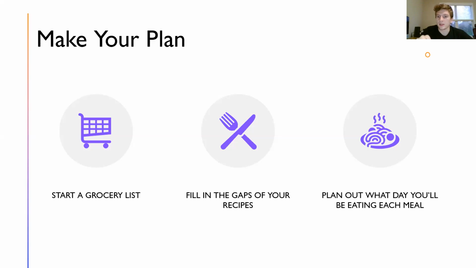And then the next part of this is plan out what day you'll eat each meal. So this is important because you're going to want to eat certain things first. So think about how things go bad. If you have chicken in the fridge, which can be frozen, if you just have chicken in the fridge, you're going to want to probably cook that first.